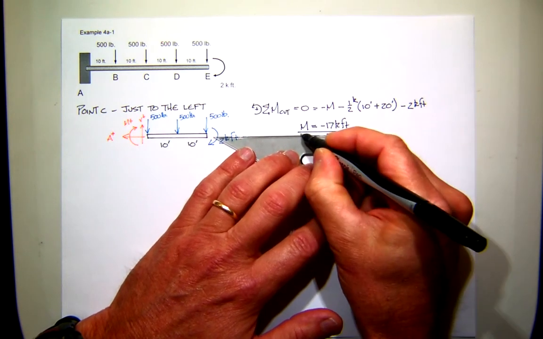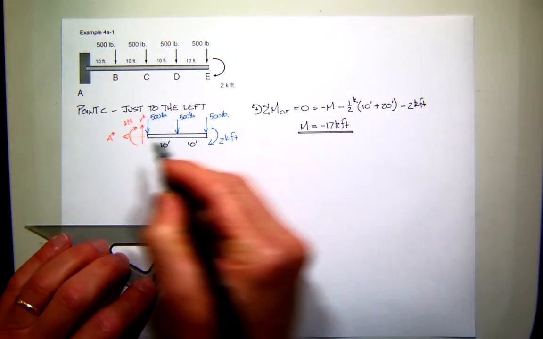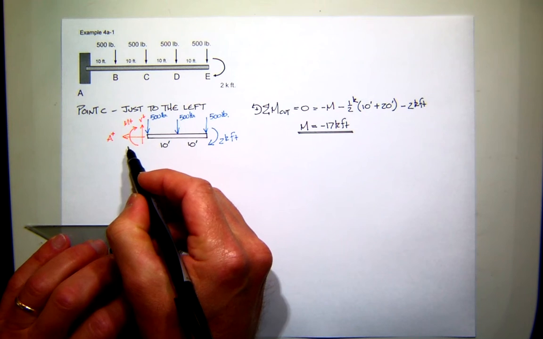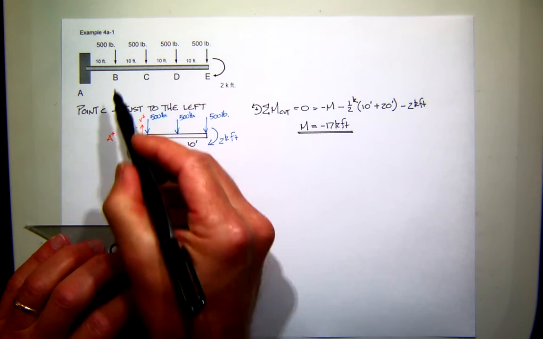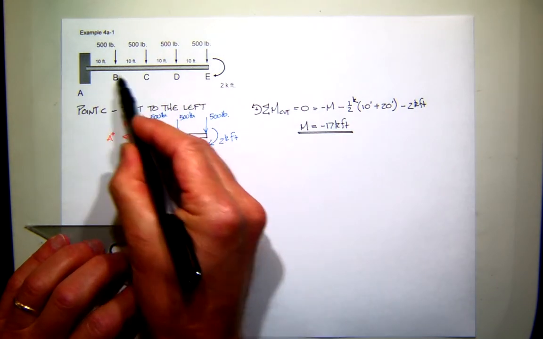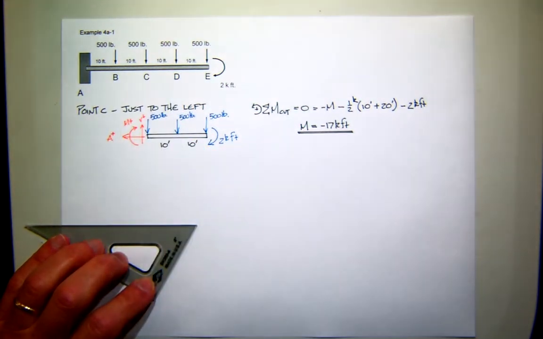So what does that mean? I assumed positive bending moment, so my bending moment at C is negative 17. So it's a negative bending moment. Remember the analogy about happy and sad faces? So you expect C to be a sad face here? I do.